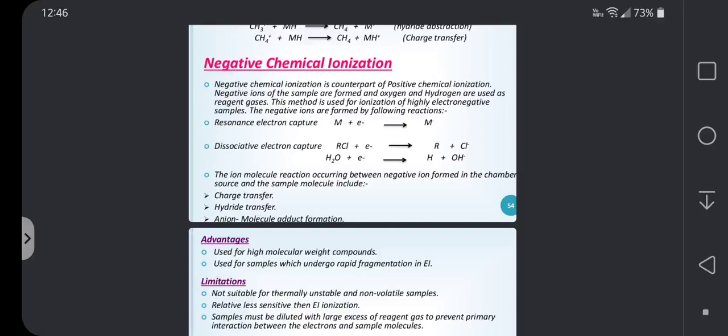In dissociative electron capture, there is dissociation of a bond as well as addition of an electron. The ion molecule reactions occurring between the negative ion formed in the source chamber and the sample molecule include charge transfer, hydride transfer, and anion molecule adduct formation.